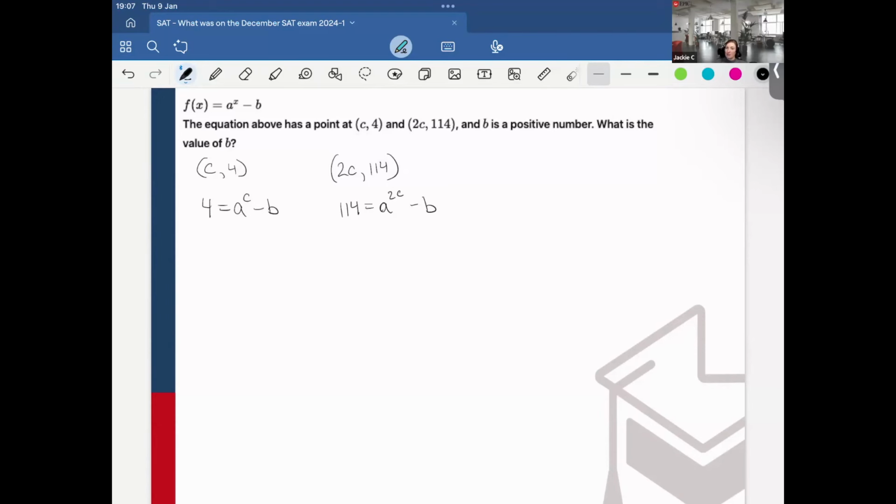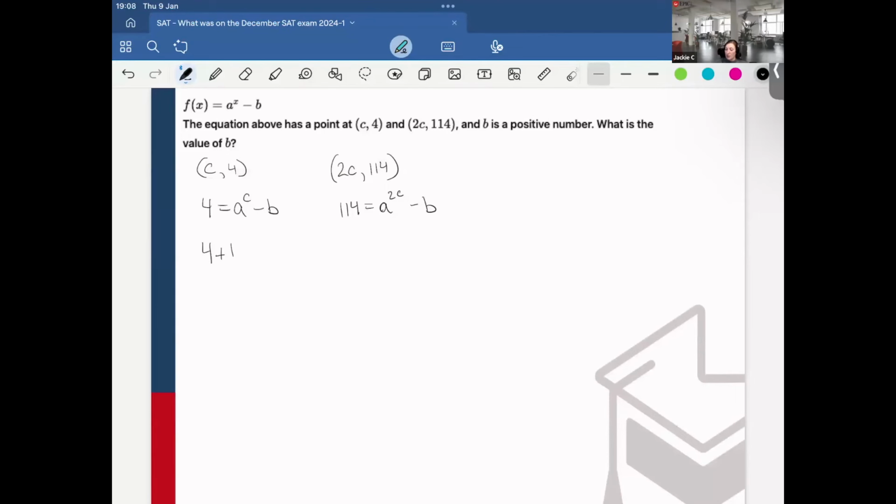I'm just thinking this one through, what I can do. If I want everything in terms of b, I could move this over and do 4 minus a to the c. Well, no. If I want to solve directly, I'm just going to move the b's over.